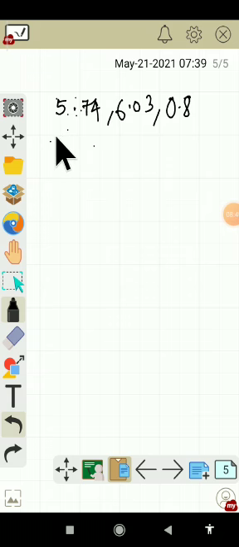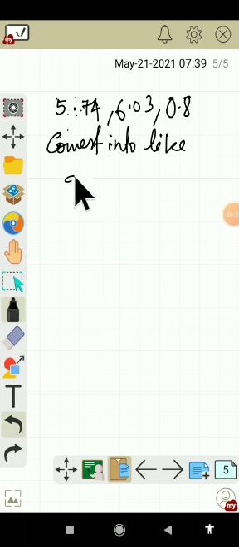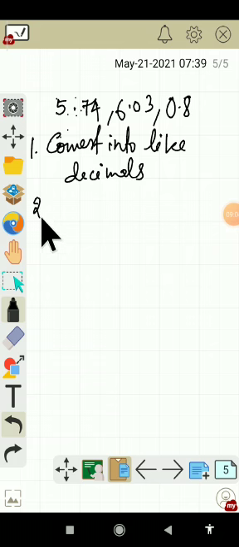First we have to make them like decimals. So convert into like decimals in step 1. Then compare whole numbers.